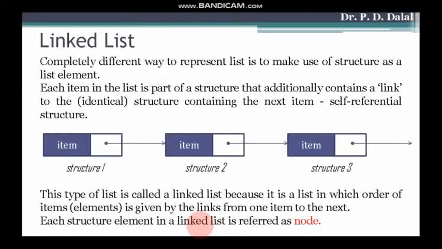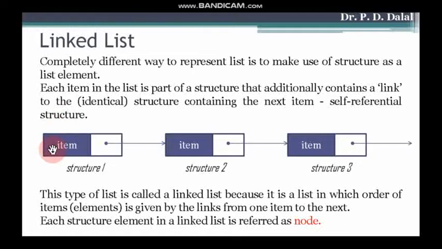On the other hand, if you consider linked lists, then they are a completely different way to represent a list, to store the data in the form of structure. Each item in the list is part of a structure that additionally contains a link to the identical structure containing the next item, and it is sometimes called a self-referential structure.